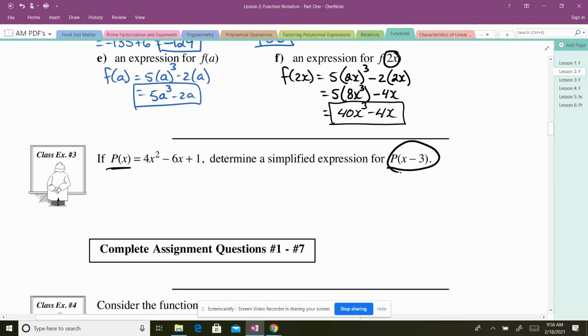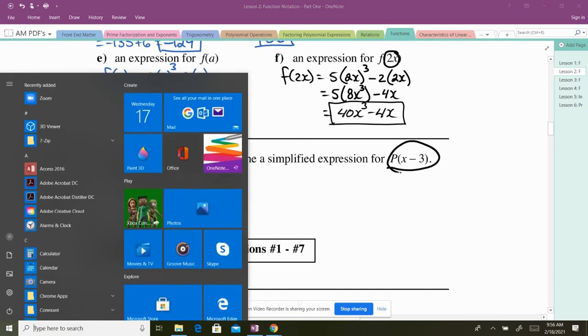Whatever's in the brackets goes where? In for the x. So everywhere there's an x, I put x minus 3. And you must bracket everything. So 4 bracket x minus 3 all squared minus 6 bracket x minus 3 plus 1.